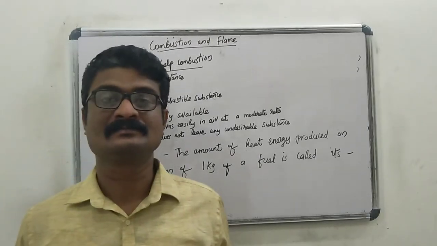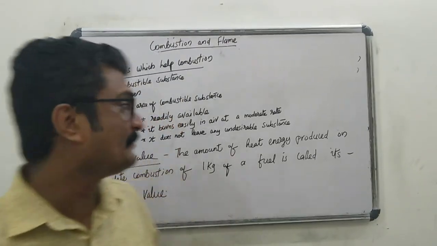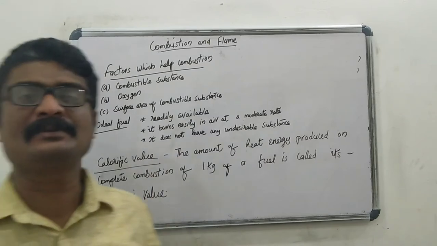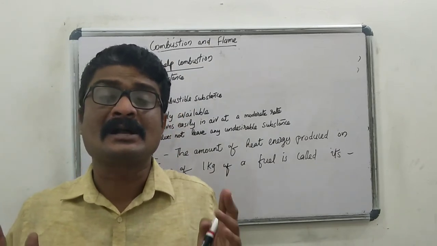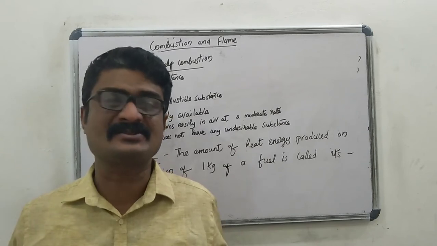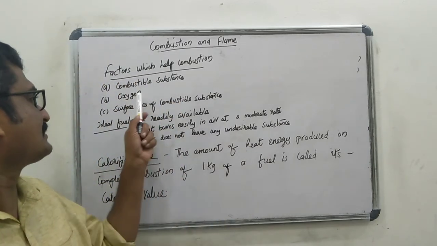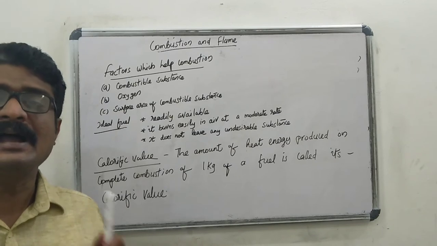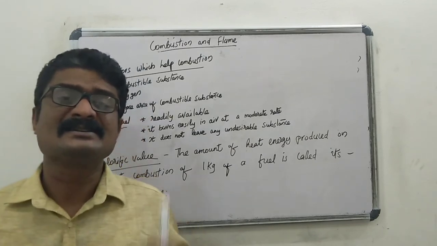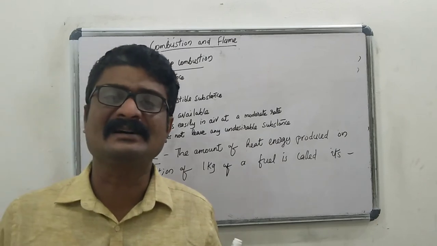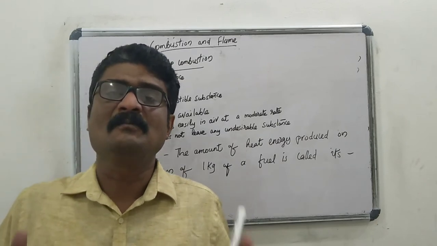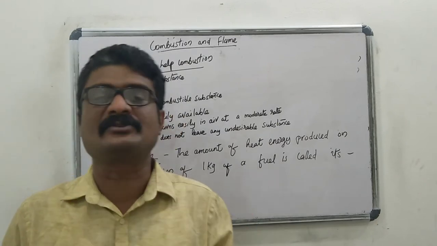Next topic, factors which help combustion. The first factor is combustible substance, the second factor is oxygen, and the third factor is surface area of the combustible substance. The larger the surface area, the more its rate of combustion.